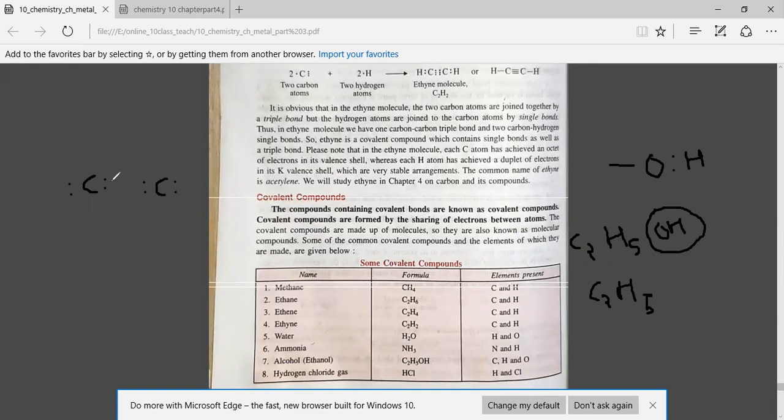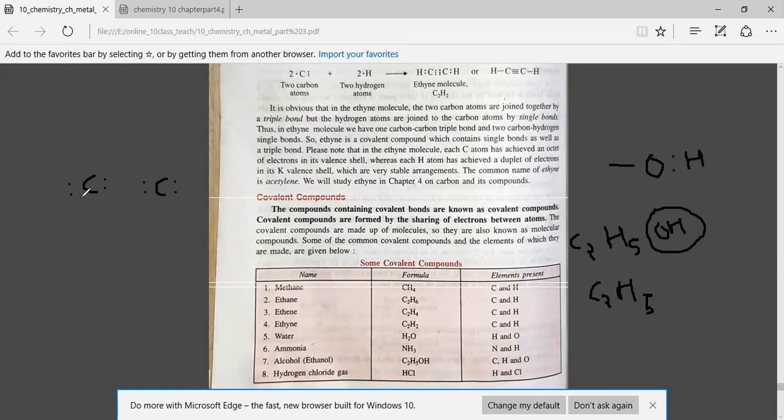So five hydrogen means two can combine with this, and two can combine with this. We have two electrons with this. These two electrons can combine with two hydrogen, and these two electrons can combine with the two hydrogen. Okay, but we are still left with one hydrogen.